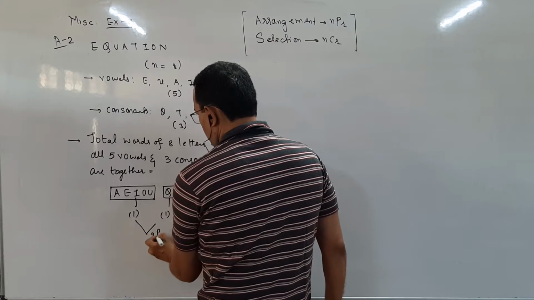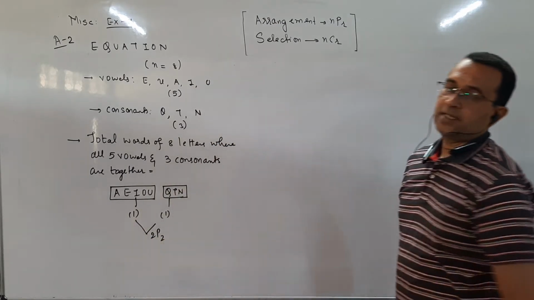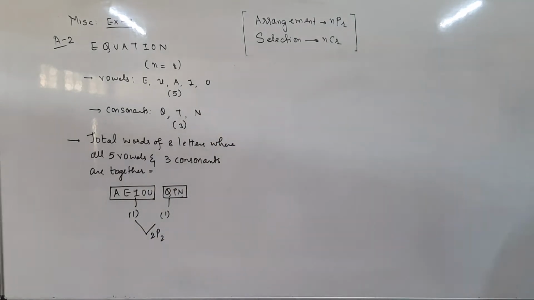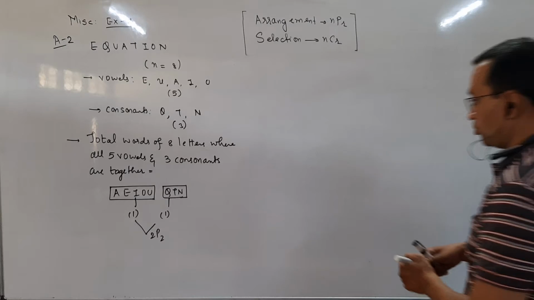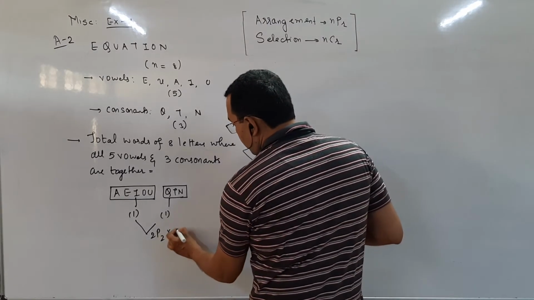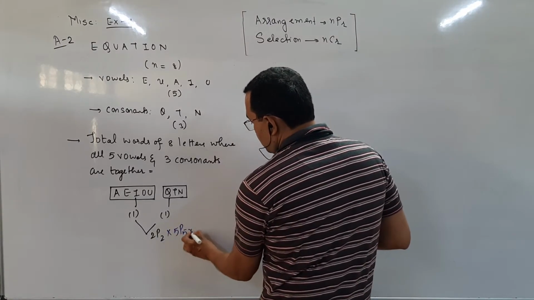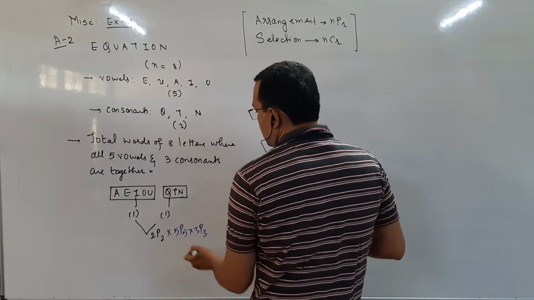2 letters can be arranged in 2P2 ways, that all of you know. We have done the sum of 6 boys and 5 girls, where we had found out the arrangement where all girls are together, and the arrangement where all boys were together. Now we have to multiply by the internal arrangement of groups. These 5 vowels within the group can be arranged in 5P5 ways and 3 consonants can be arranged in 3P3 ways.